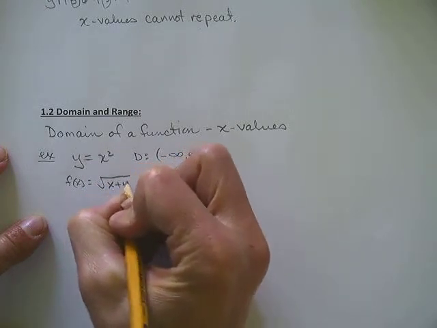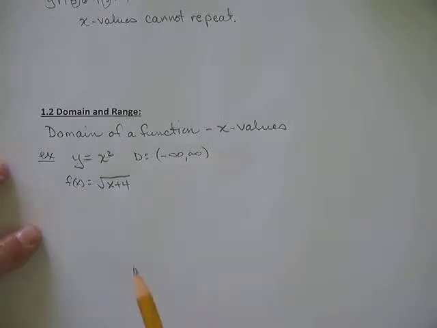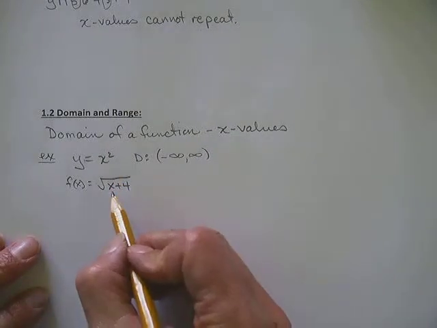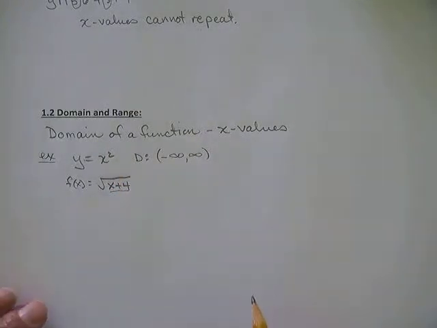All right. What happens if I have something like this? F of x, or y, equals the square root of x plus 4. Now, this particular function has a square root symbol, and there's something we cannot have under a square root. What can you not have under a square root? Negative.